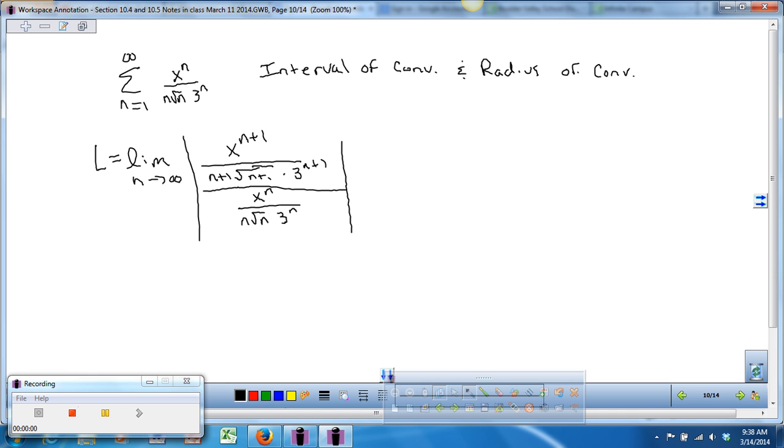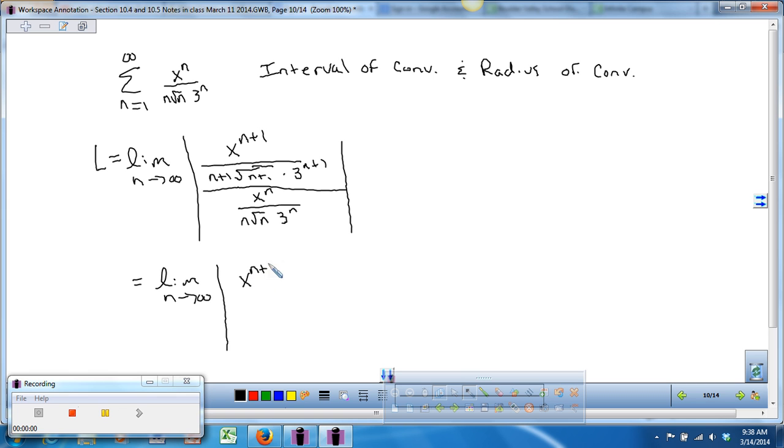All right, and just like we did yesterday, we want to be neat and organized and line up the corresponding parts. So this becomes the limit as n approaches infinity, the absolute value of what over what?